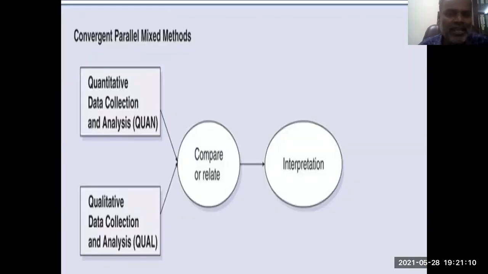In the example here, you can do quantitative data collection and analysis, and qualitative data collection and analysis, then compare or relate each other. Maybe in the same theme or same table, you can compare both qualitative and quantitative data, then write your interpretation.